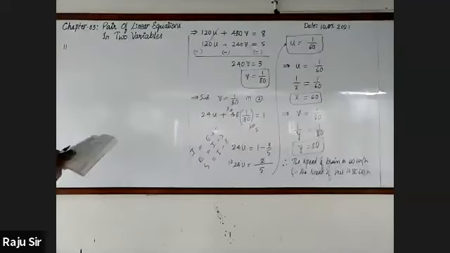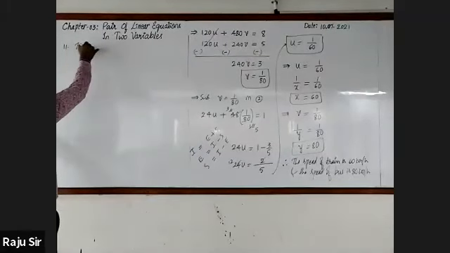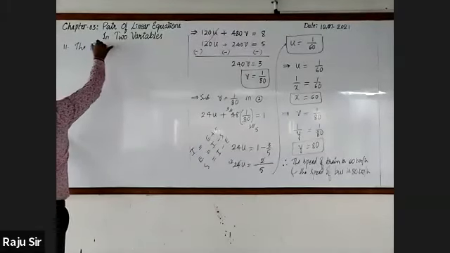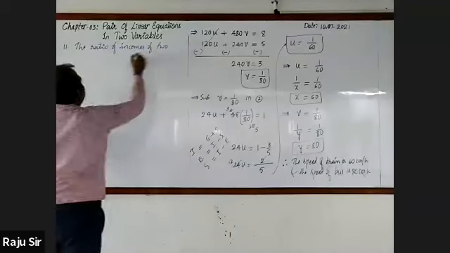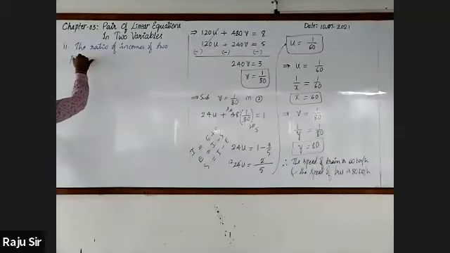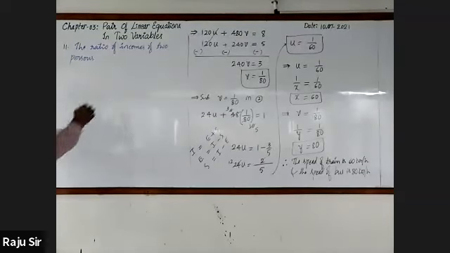The ratio of incomes of two persons is 9:7.